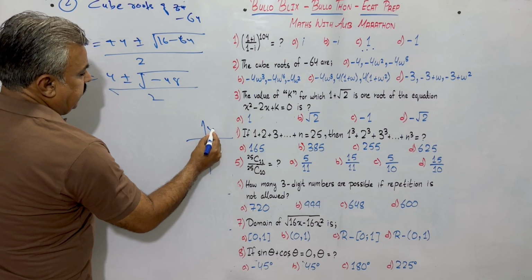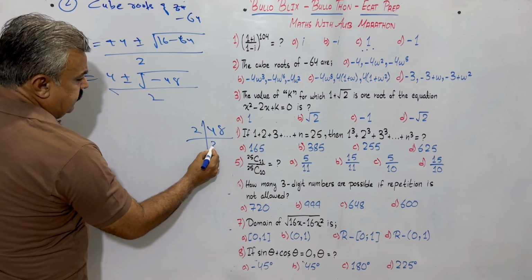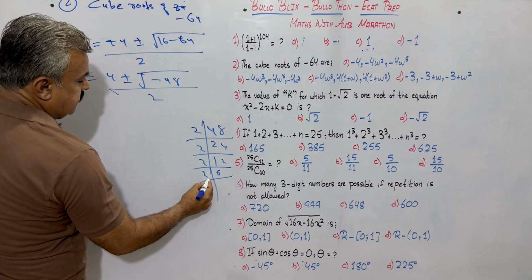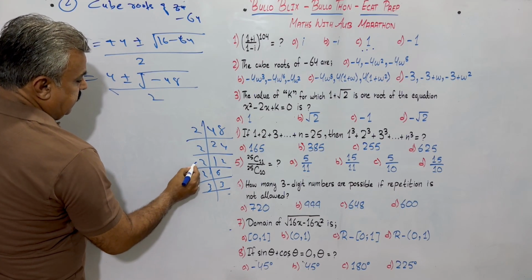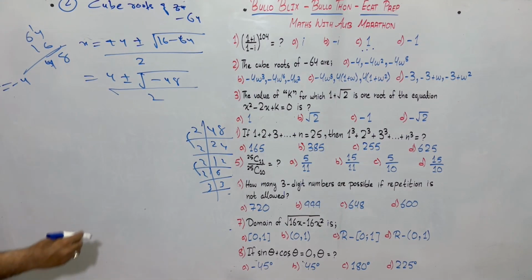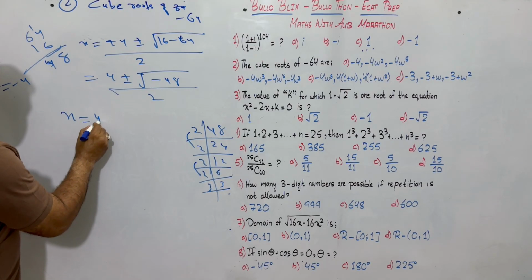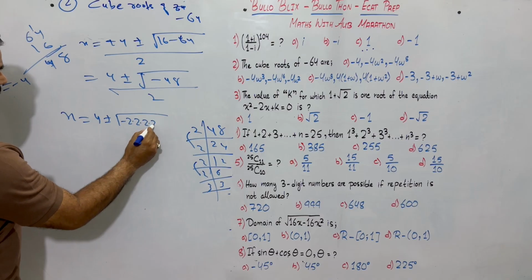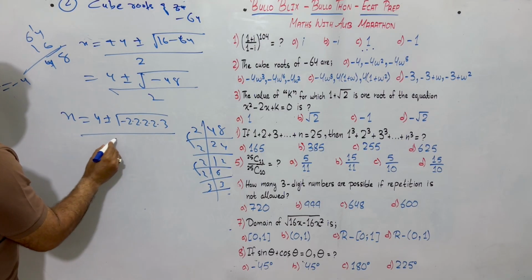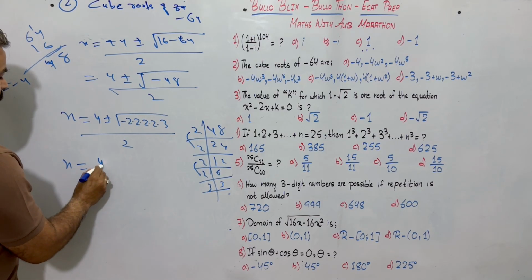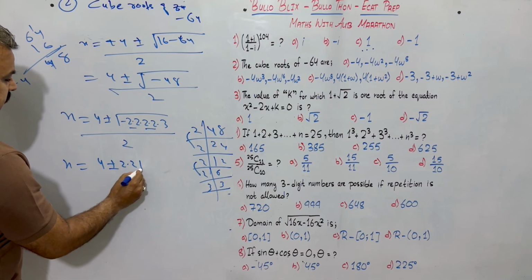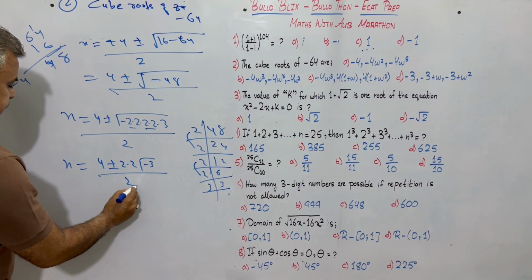Factorize 48: 2, again 2, again 2, again 2, which means a pair of 2 and another pair of 2. We have 4 plus or minus the square root of negative 2 times 2 times 2 times 2 times 3, divided by 2. So 4 plus or minus a pair of 2, another pair of 2, and the square root of negative 3, divided by 2.